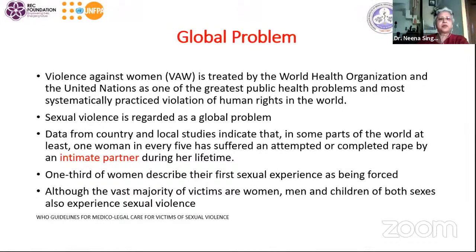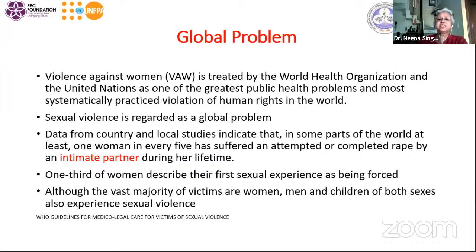Data from country and local studies indicate that in some parts of the world, at least one woman in every 5 has suffered, so that is a very high number, an attempted or completed act of violence by an intimate partner, and mostly it is the intimate partner who is responsible. One third of women describe their first sexual experience as being forced.